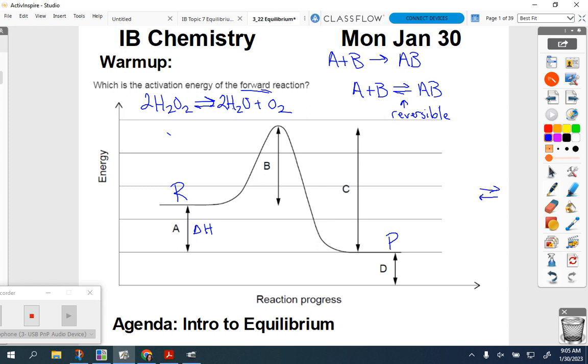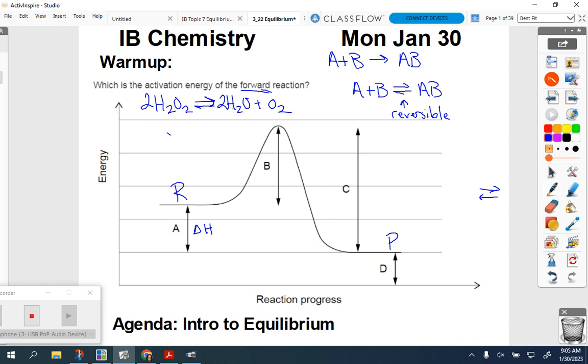Right, it's the sign flipping of the enthalpy change. Just the same way that when you flip reactions with Hess's law, you change the sign. It's exactly the same idea. Okay.